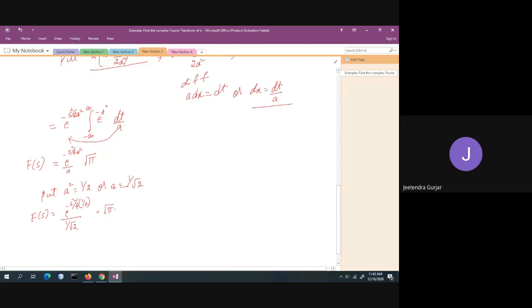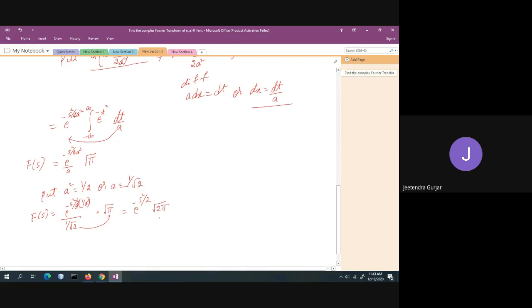So this you can simplify. This will be e raised to minus s square upon 2. Again this root 2 I will bring out and put in the numerator, so root 2 and root pi I can write as root 2 pi. Is it clear?